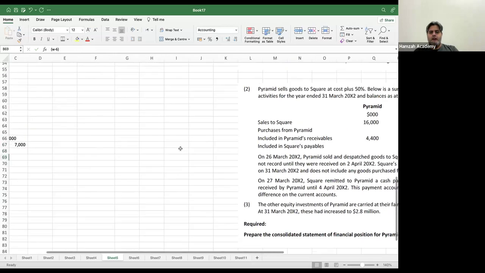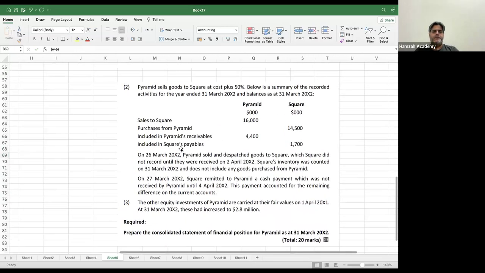Now, after this, we have point number 2. Paramount sells goods to Square at cost plus 50%. Below is a summary of the recorded activities for the year ended 31st March 2022. So, sales to Square, purchases from Paramount. So it's showing that it has made the sales to Square, and Square is showing that it has purchased from Paramount as well.